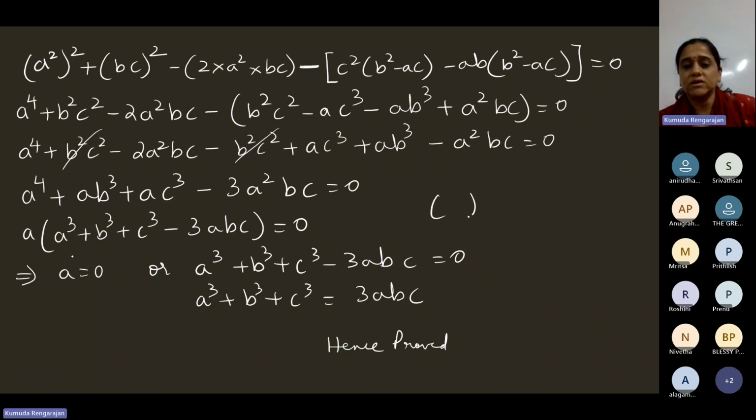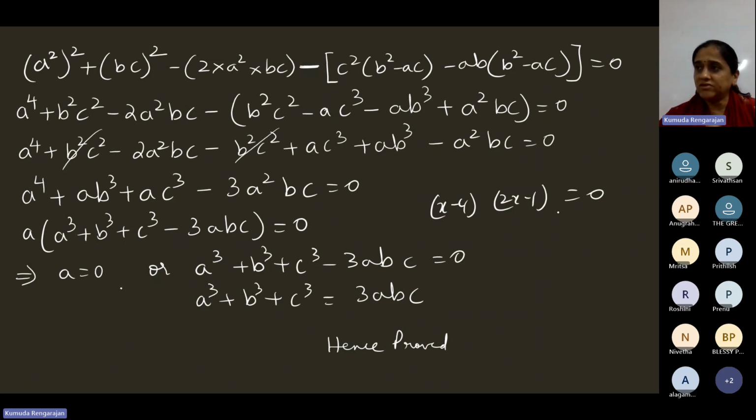Now when a product is 0, like when you have (x minus 4) into (2x minus 1) equal to 0, how do you continue? x minus 4 is equal to 0, so x is equal to 4, or 2x minus 1 is equal to 0, so x is equal to 1 by 2. In the same way here, a into (a cubed plus b cubed plus c cubed minus 3abc) is a product that is 0.